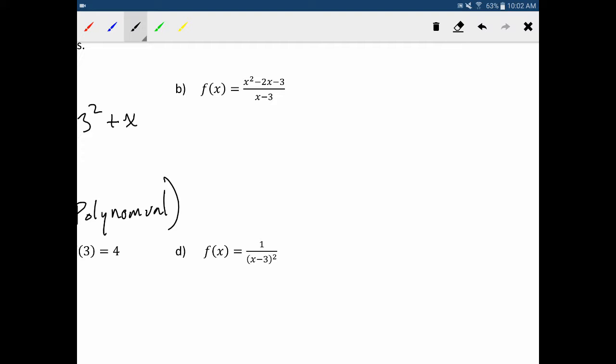We don't even have to do that much, because for this particular one, I can just say f of 3 does not exist, because we'd be dividing by 0. Now, it might be an asymptote, it might be a hole. It is actually a hole, but that's enough for us to know that that's discontinuous.